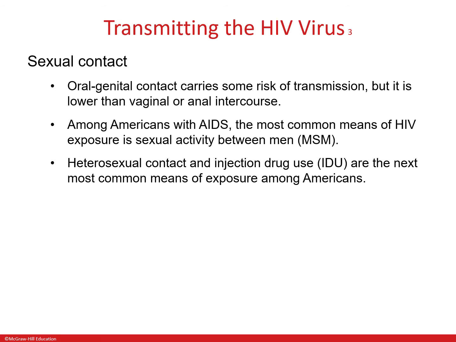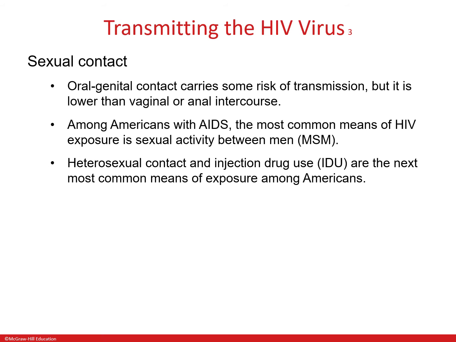Although the majority of HIV infection cases worldwide result from heterosexual contact, the most common means of HIV exposure among Americans is sexual activity between men. So this is an important note. Most people think that AIDS is a disease that is contracted by men that have sex with men. That's it, right? But actually, most cases of HIV occur in heterosexual people, people that have sex with the opposite gender.